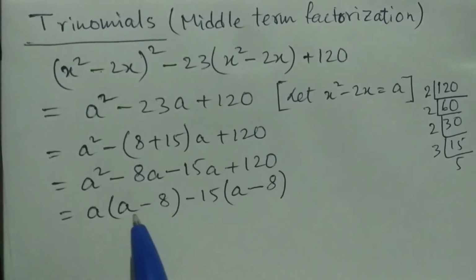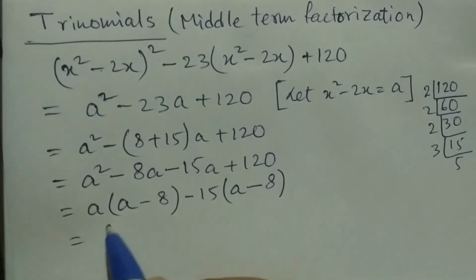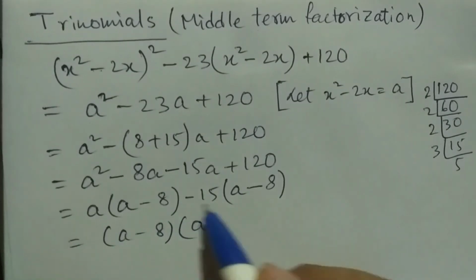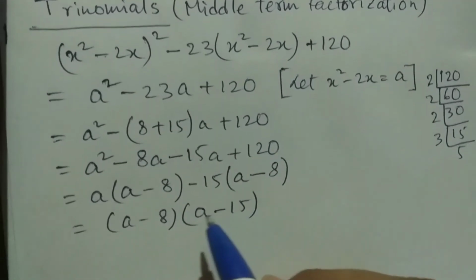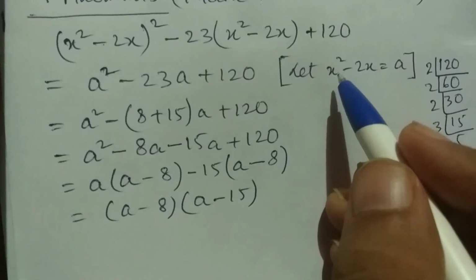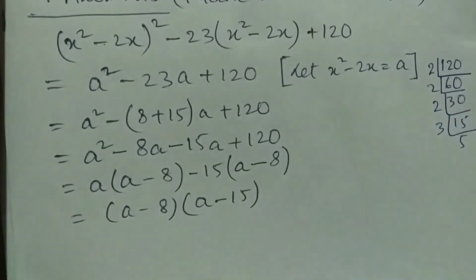See, a minus 8 is common in both the terms, so I take a minus 8 as a common term, and a minus 15 is left out. Now I have to replace a with the assumed term, that is x square minus 2x.